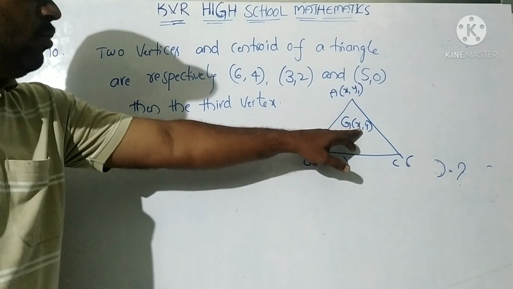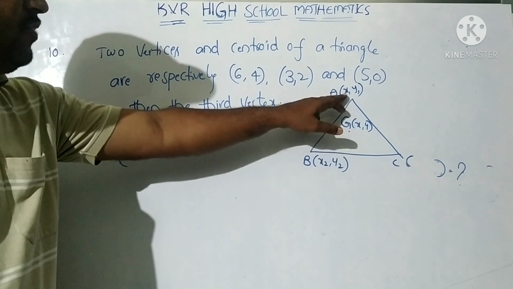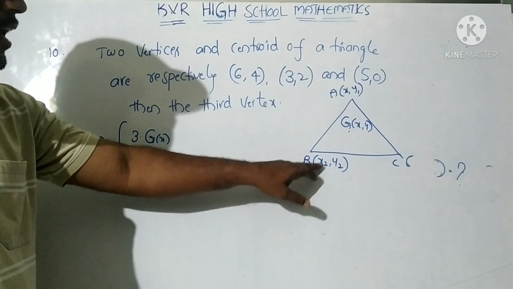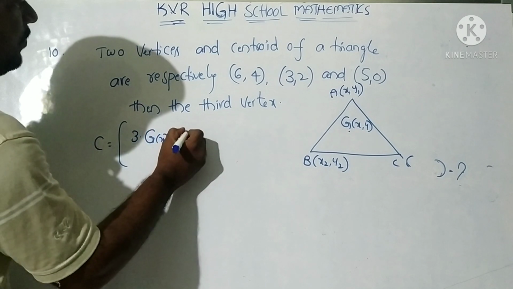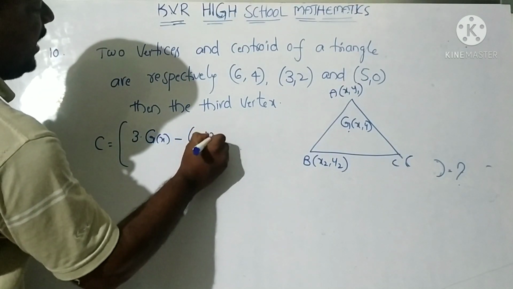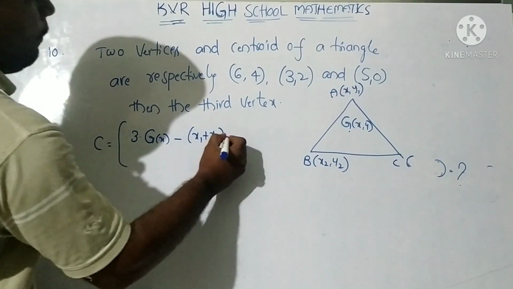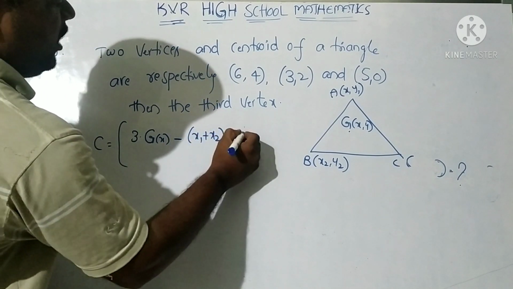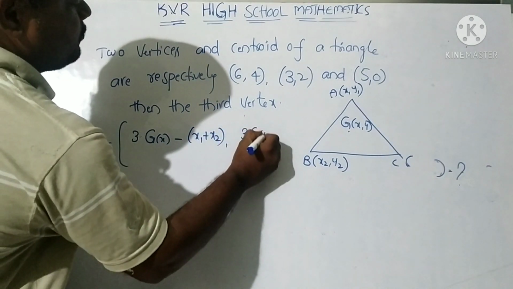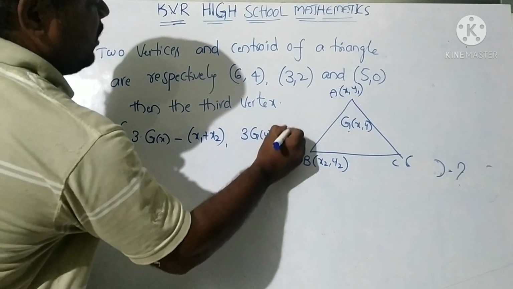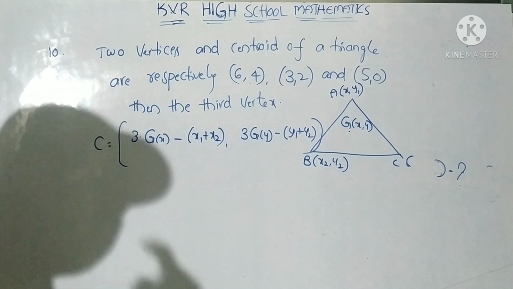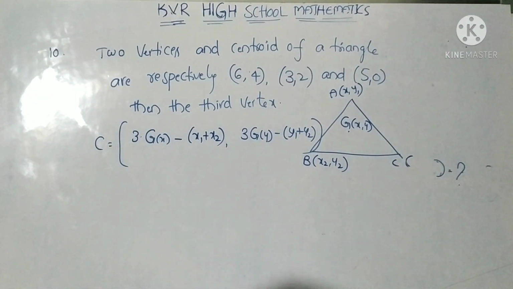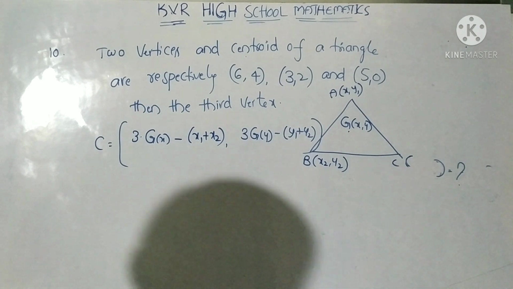So, 3 into x minus the sum of the remaining 2 coordinates: 3gx minus (x1 plus x2), comma, and in the same way, 3gy minus (y1 plus y2). That is the direct formula to find the third vertex of a triangle when the centroid is given.